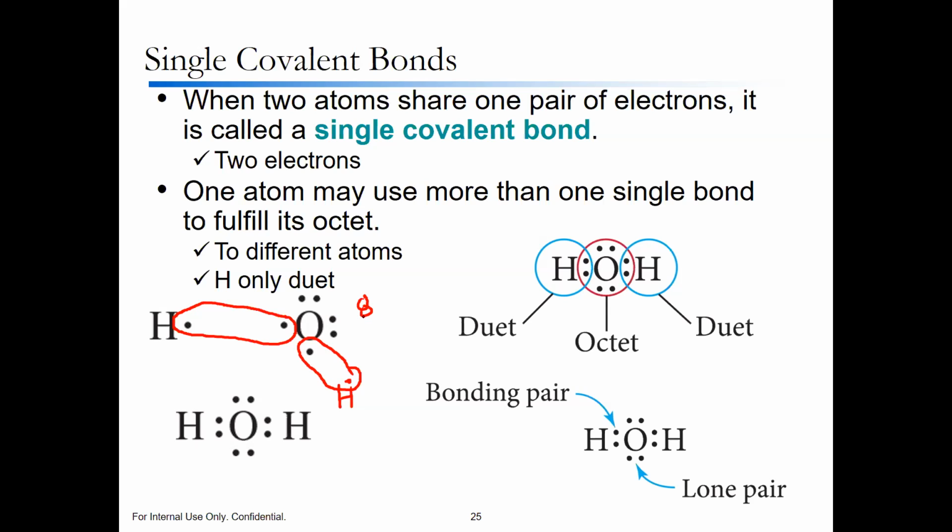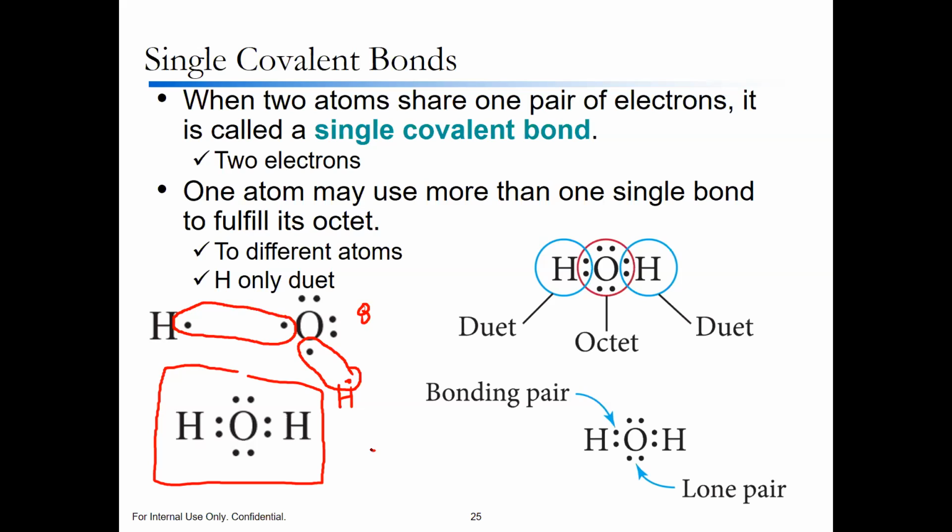Can oxygen take more than 8? No. We're just going to say no because it's full. It's like a noble gas configuration. So this octet rule helps us predict that H2O is 1 oxygen and 2 hydrogens.